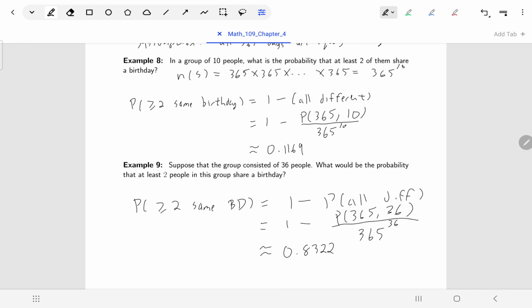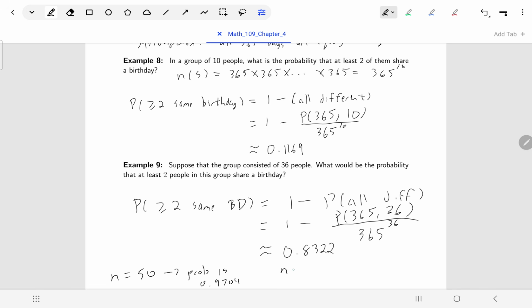But using a computer rather than a calculator, I was able to figure out what happens if you had 40 people or 50 or 60. Just as a little aside here, if you had 50 people, the probability turns out to be 97% that you will have 2 or more people with the same birthday.